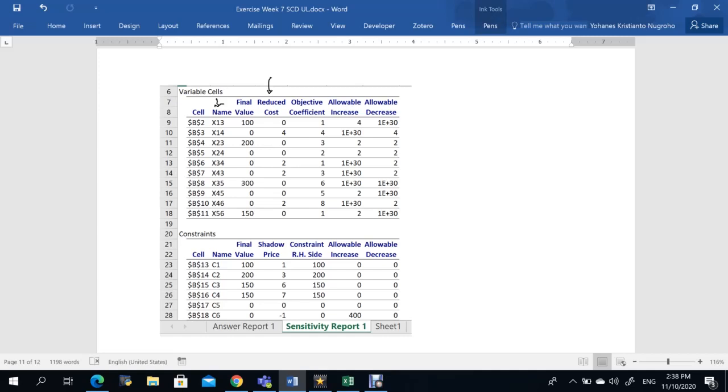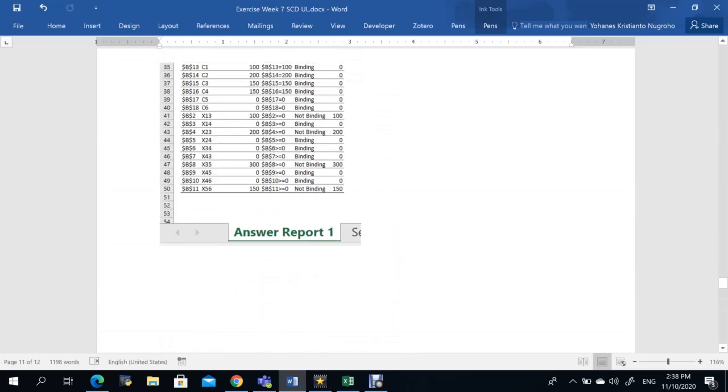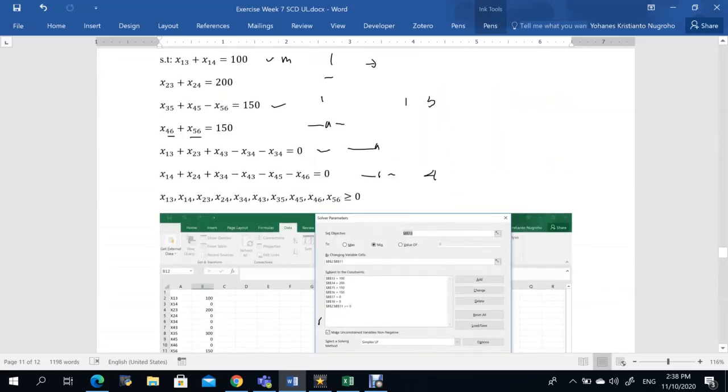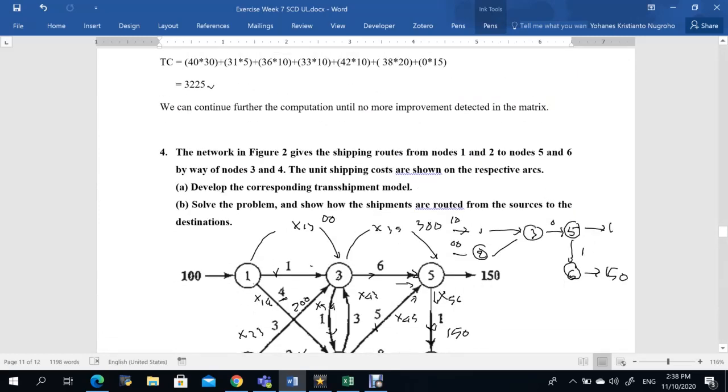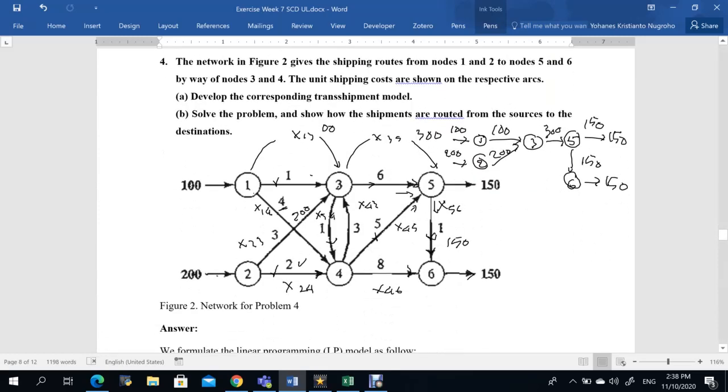Even though we try to increase the capacity of distribution from node number 1 to node number 3 and node number 4 by 1 unit according to our sensitivity report, and from node number 2 by 4 units.